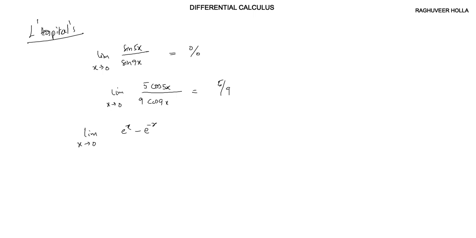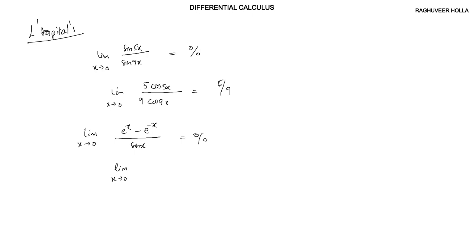So let us look at another problem: limit x tends to 0 of e to the power of x minus e to the power of minus x divided by sine x. Again, by substituting x as 0, we get 0 by 0, which is an indeterminate form.